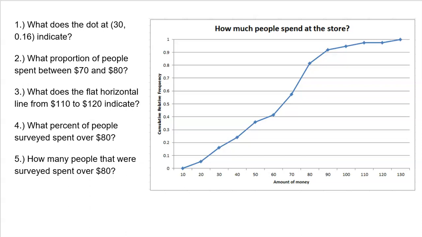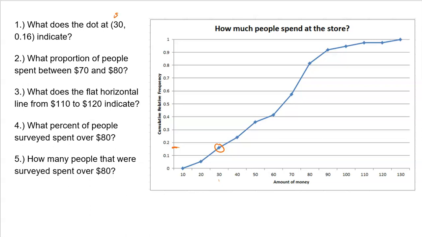All right, so let's go back to our, I keep wanting to call them ogives, but really they're cumulative relative frequency charts. This is the original one I showed you about how much money people spend at a store. But let's actually answer some questions from this now. The first question says, what does the dot at 30, 0.16 indicate? At 30, we're at about 0.16, which is what they're estimating this dot to be.